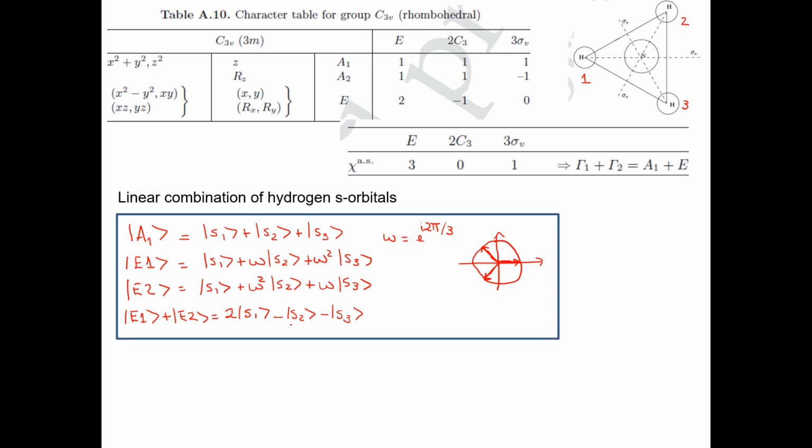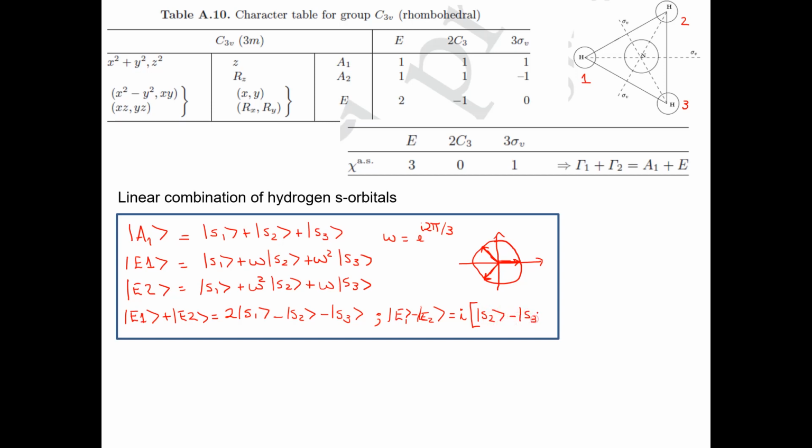Now I can make the difference, E1 minus E2. If I subtract these two numbers, it gives me i, a constant imaginary number, and I don't worry too much about this constant, but this is s2 minus s3.